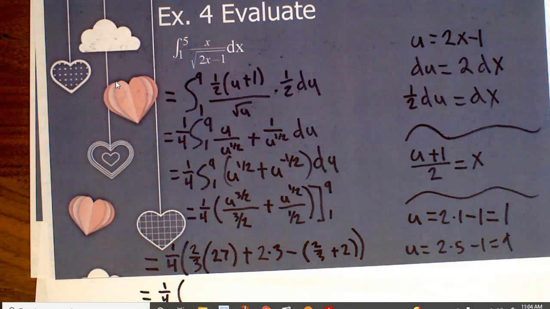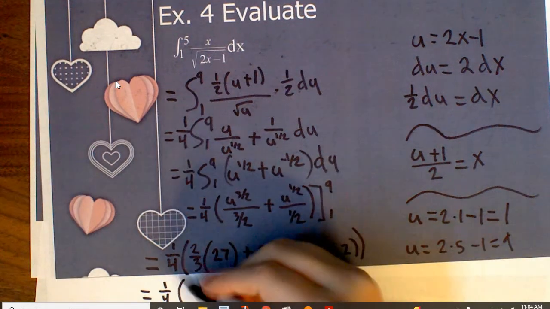So 2/3 times 27 is going to be 2 times 9, which is 18, plus 2 times 3 gives us 6, so we get 24.